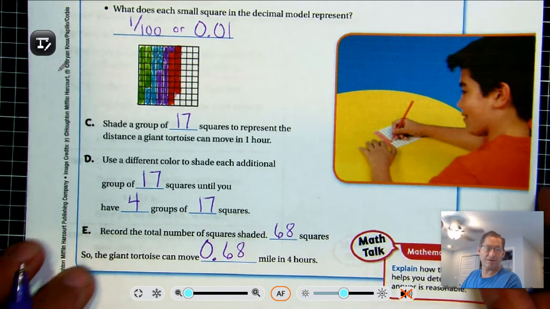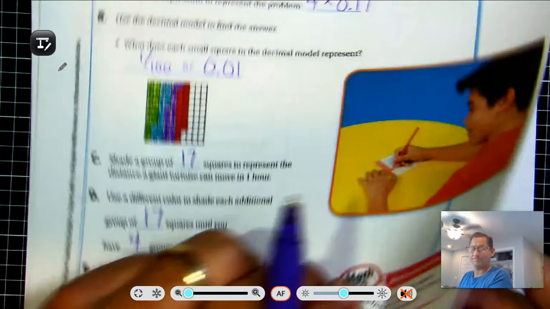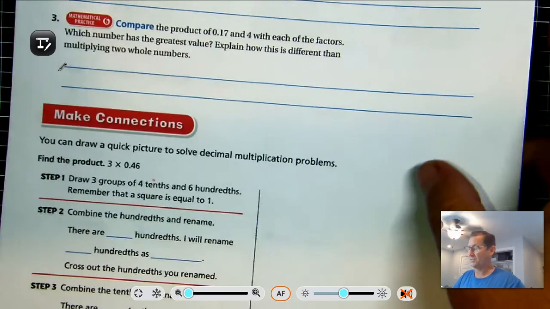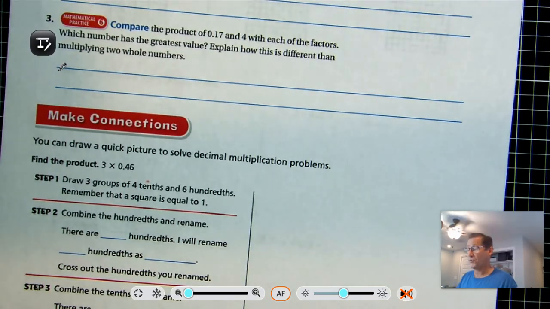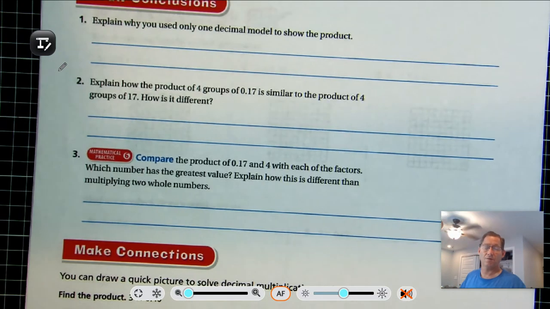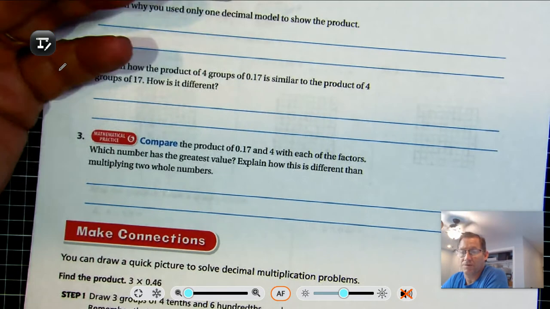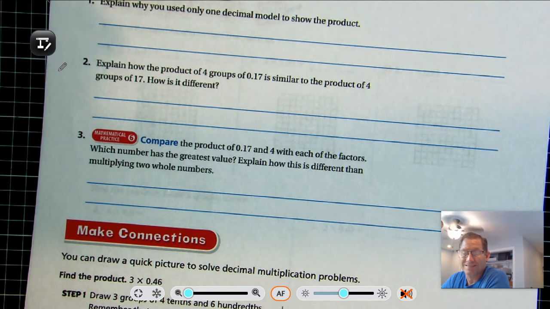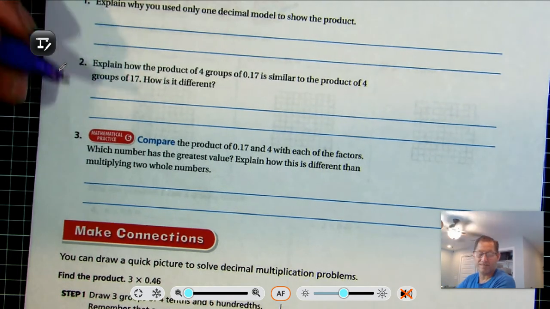All right, let's look at page 172. Okay, so explain why you used only one decimal model to show the product. Well, the model shows hundredths, right? 100 hundredths, and the product was only 68 hundredths. So we have less than one whole. So only one whole model was needed.